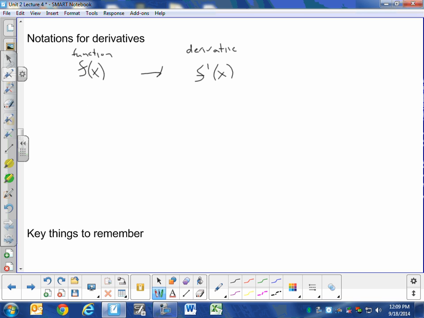This function gives you function values. This will give you slope values. If I asked you what f prime of 1 was, you would say this is the derivative of f at 1. Sure.